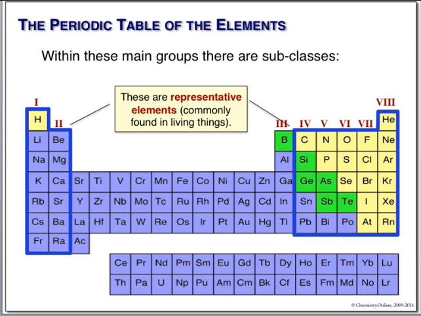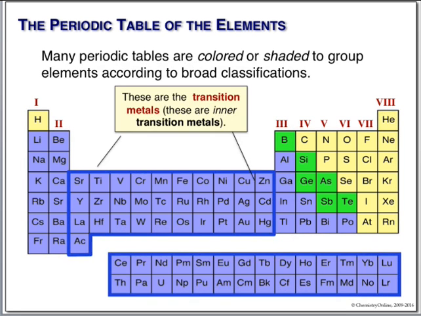A long, long time ago, it was thought that the representative elements were the things that were found in living things. Turns out they're wrong, because everything is in there. But these are the most common. In between the representative blocks, we have these things. They're metals. They're called the transition metals. Their chemical properties actually transition from these to these.